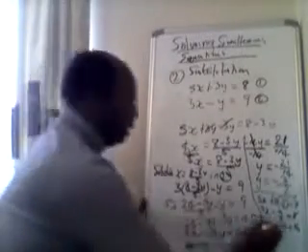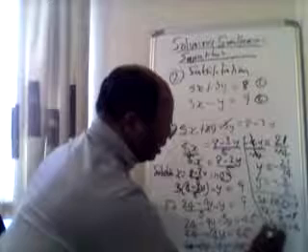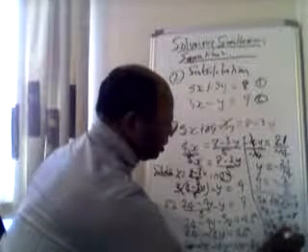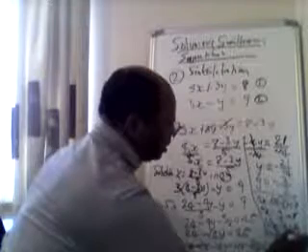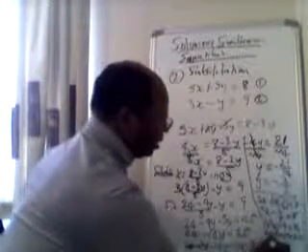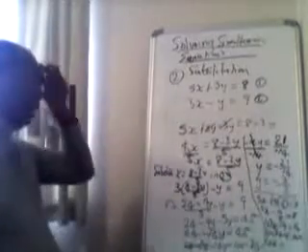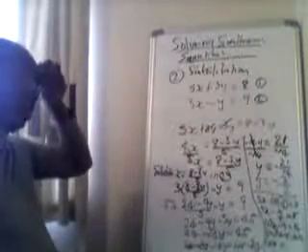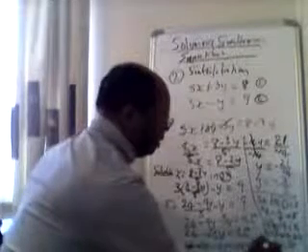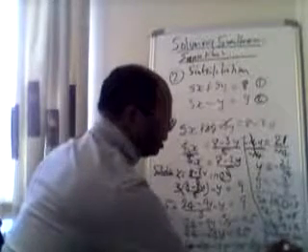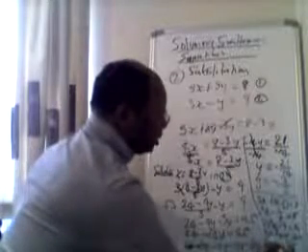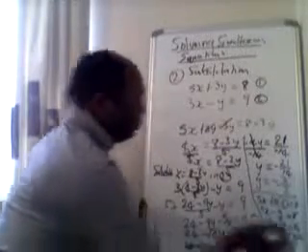Then I add 9 to both sides, so 10x minus 9 plus 9 equals 16 plus 9. This cancels, so I have 10x equals 25. Then I divide this side by 10 and this side by 10. That gives me x equals 2.5.